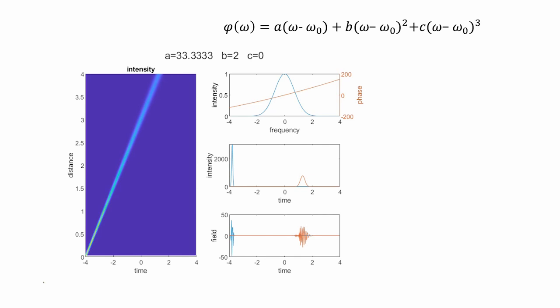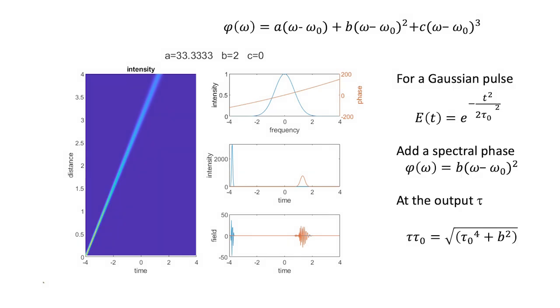You click again, so we get the equations, and you can see what happens for a Gaussian pulse with duration tau naught. After having a quadratic spectral phase with a B coefficient like the one here, the output pulse duration tau, relative to the input pulse tau naught, just depends in this manner.